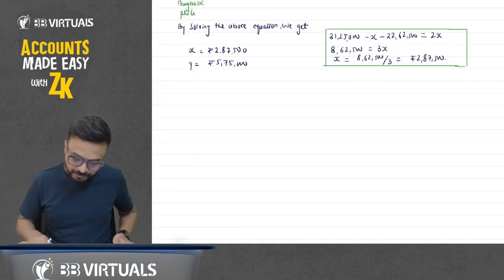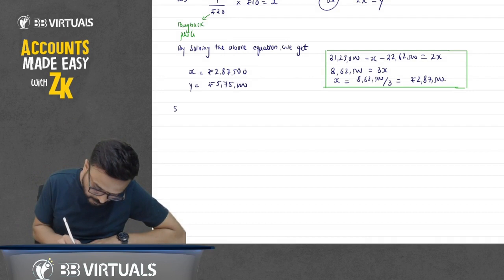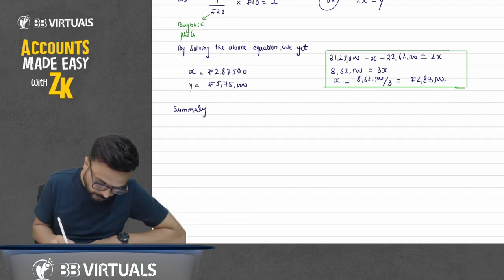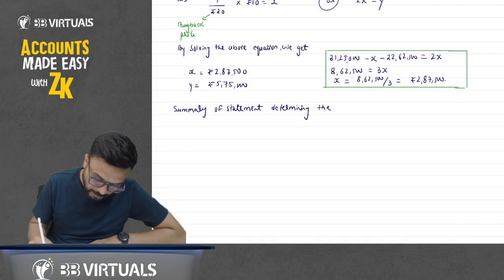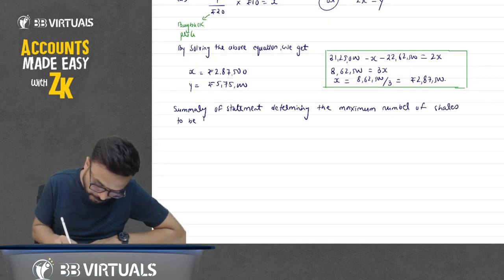So write down here: summary of statement determining the maximum number of shares to be bought back.